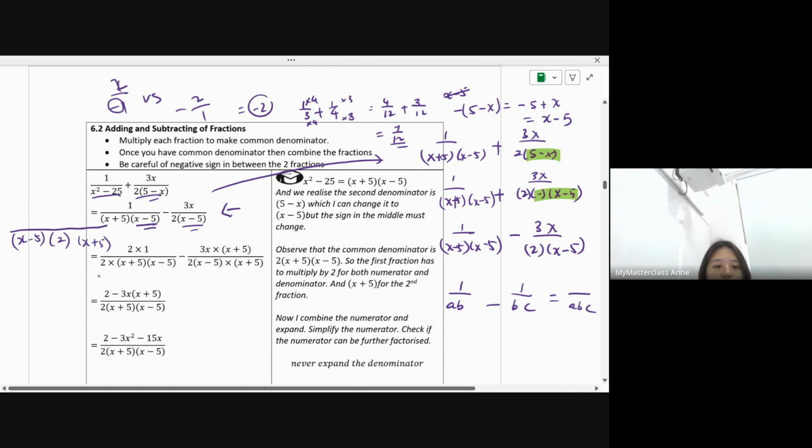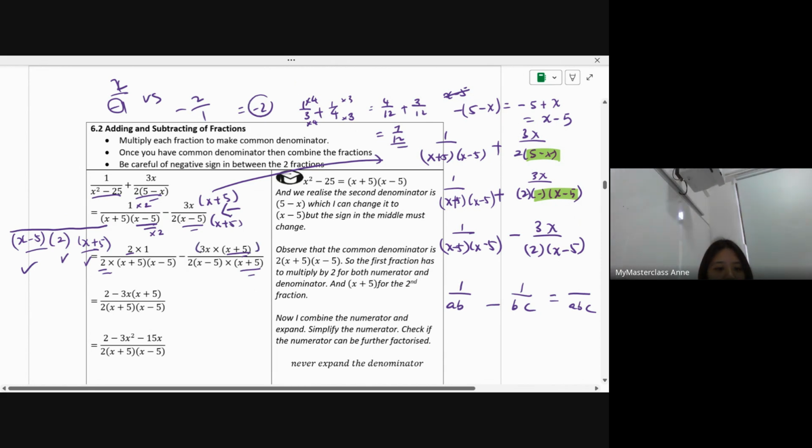So here, x plus 5, x minus 5. I still need a 2, so I times 2. Here, 2 and x minus 5, so I need an x plus 5. So I do x plus 5, times 2 here, times 2 here, times x plus 5 here and times x plus 5 here. I just do accordingly. 2, and then minus.